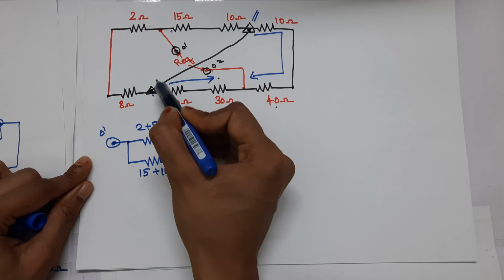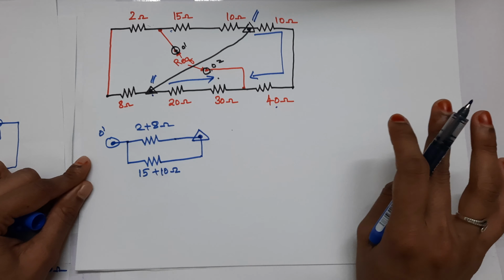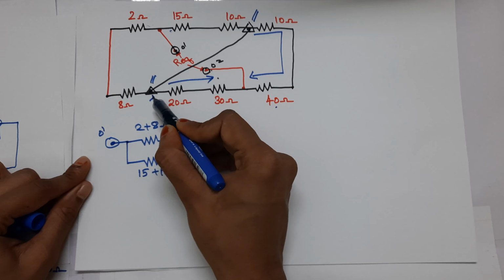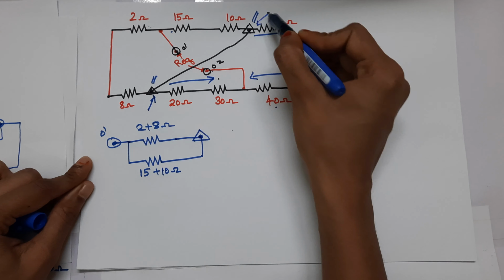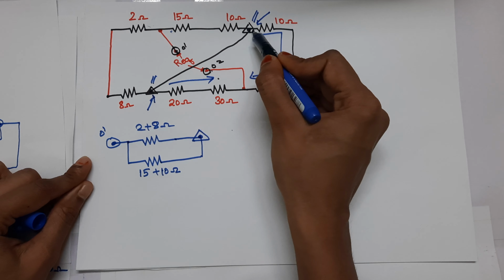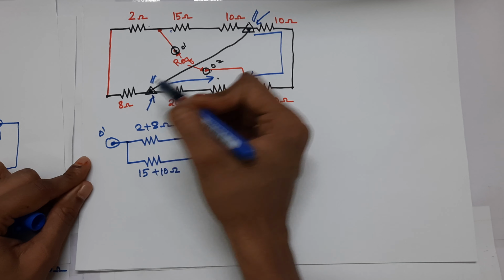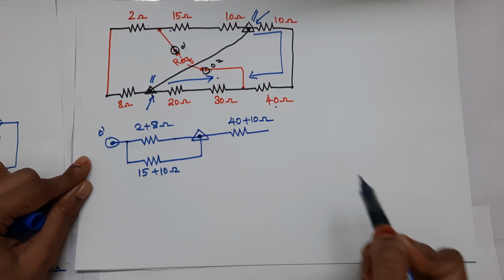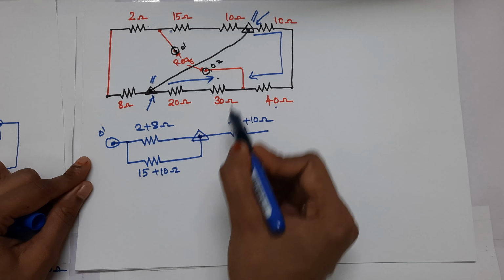Basically this node and this node are same. That is why I am denoting it with a triangle. It means that whatever potential is here in this node, the same potential will be there in this node as well. 40 plus 10 ohm, then 20 plus 30.